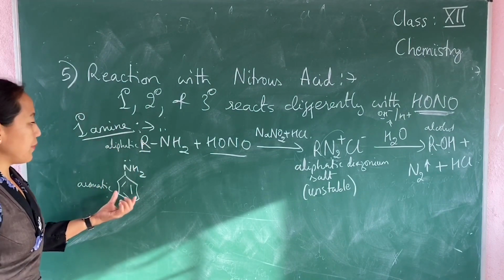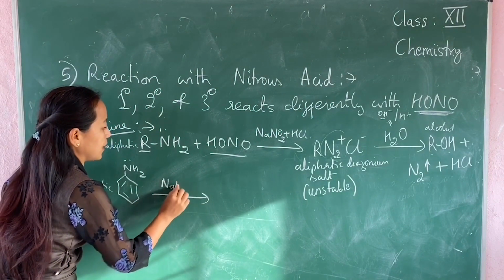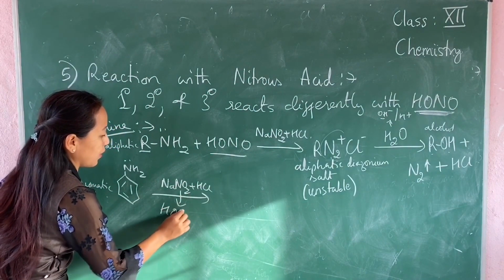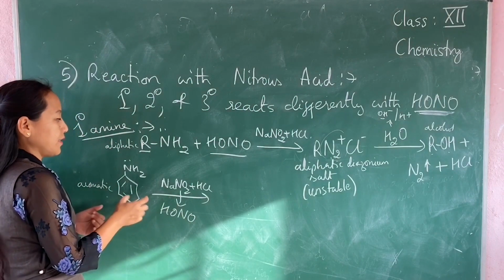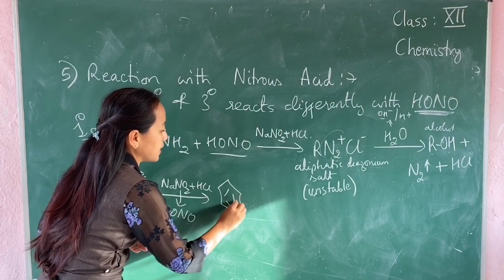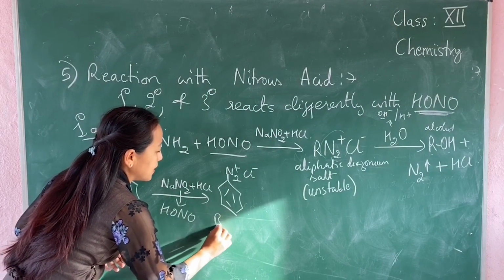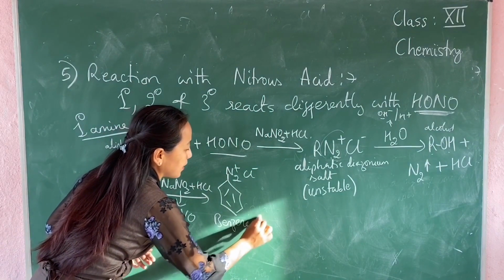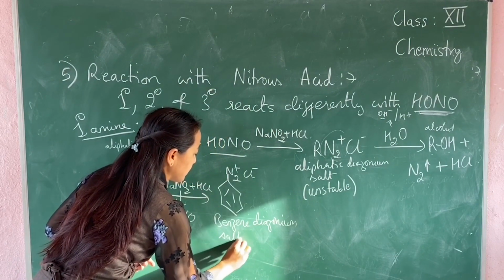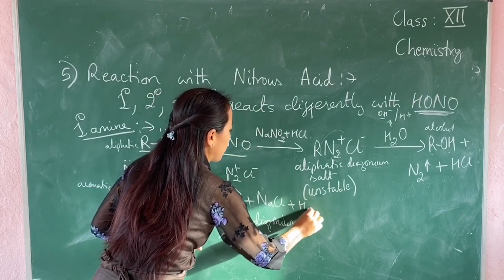So when I take a primary aromatic amine with nitrous acid, sodium nitrite with HCl, this produces HONO, which reacts with this and converts this primary aromatic amine to a diazonium salt, in this case benzene diazonium salt, plus the byproduct formed will be NaCl plus H2O.